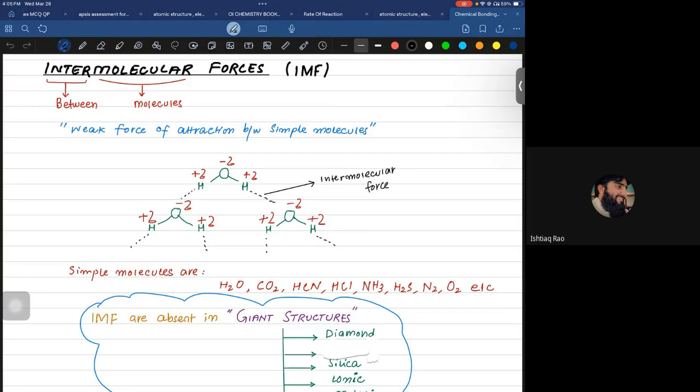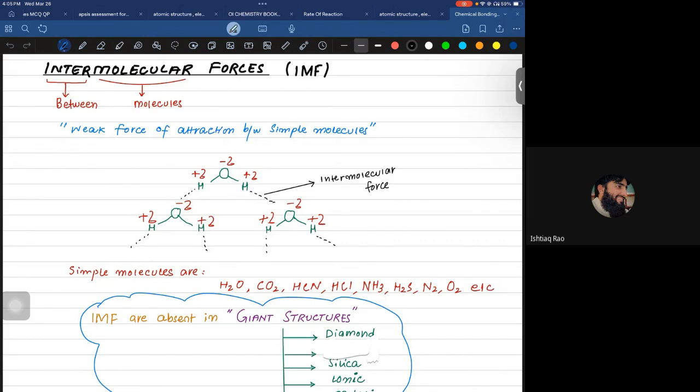So intermolecular force, as the name indicates, inter means between the molecules. Between the molecules means, let's suppose you have water in the form of liquid.